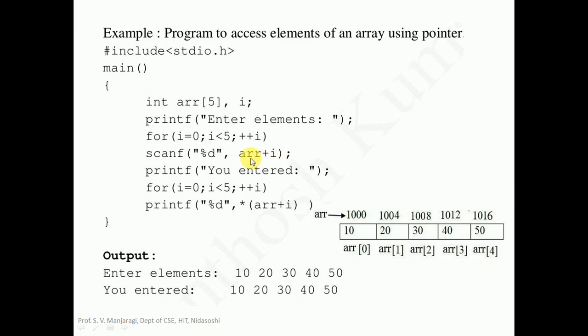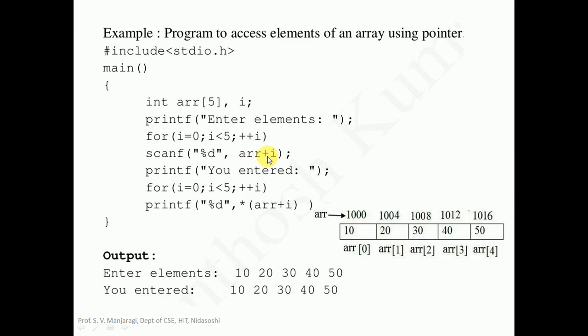The value is not 1001. It will be the address of the next memory location, which is 1004. The second value that we entered will be stored at the second memory location. So the address is 1004, that is 20. Similarly, the remaining elements will be read and stored into the array using this syntax, that is array name plus i.